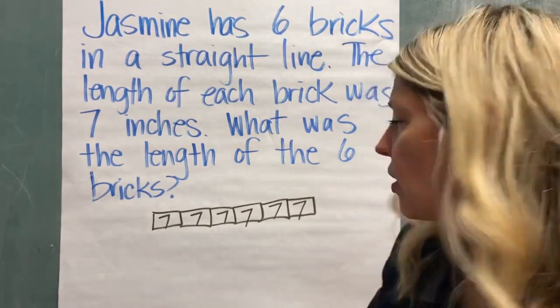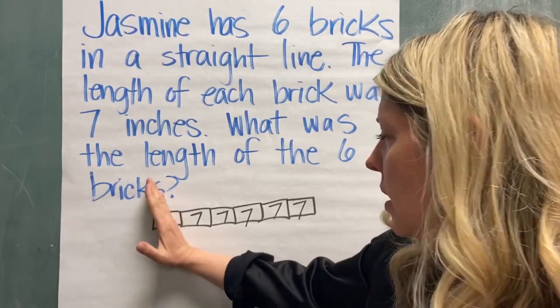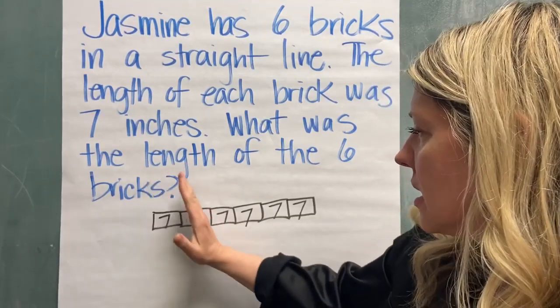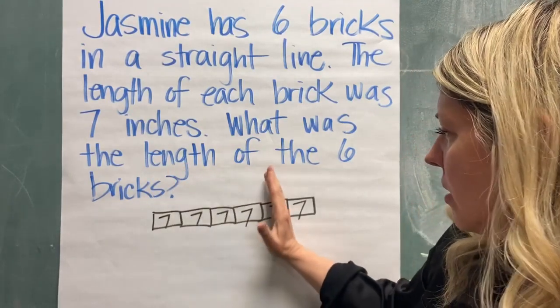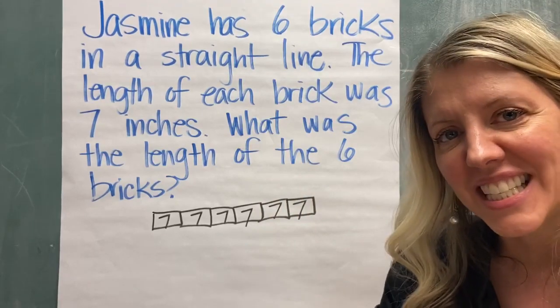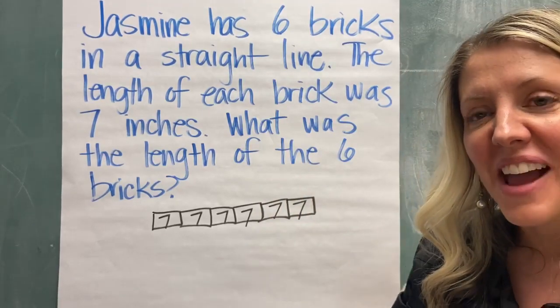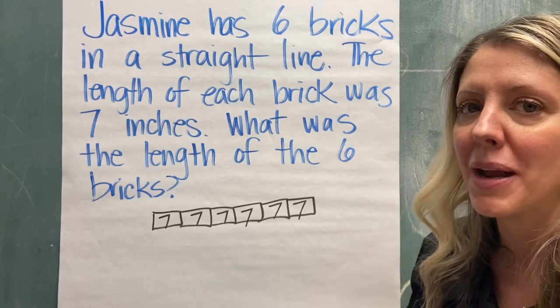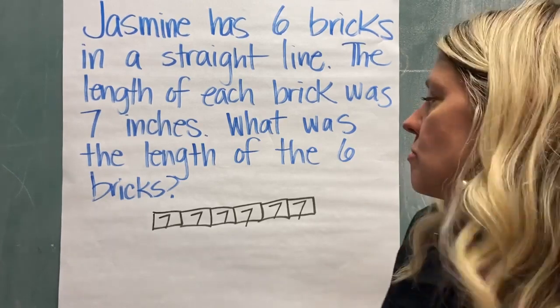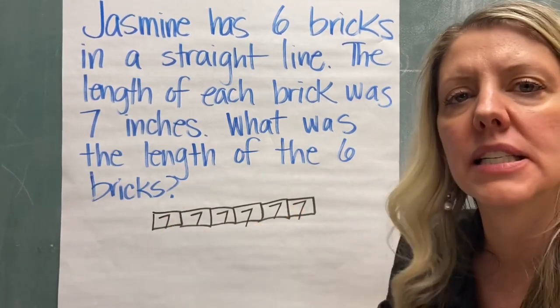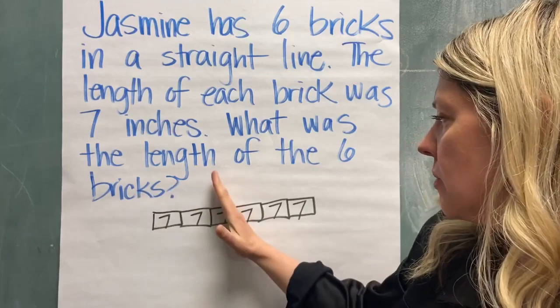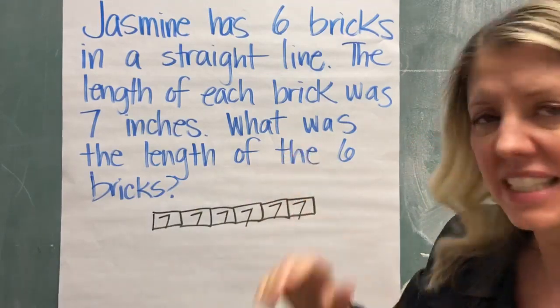Okay, since I have all of these lined up and they're all the same, right? I should be able to multiply, but I don't know if I know 7 times 1, 2, 3, 4, 5, 6.